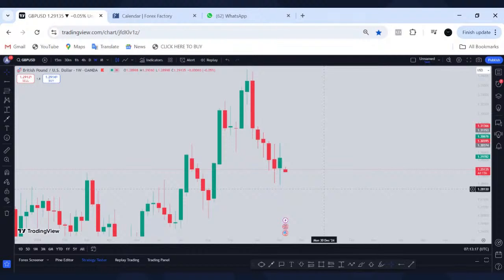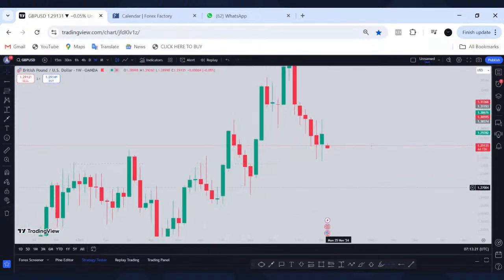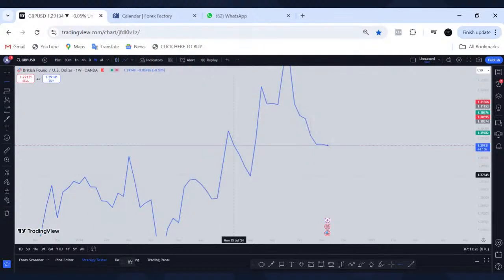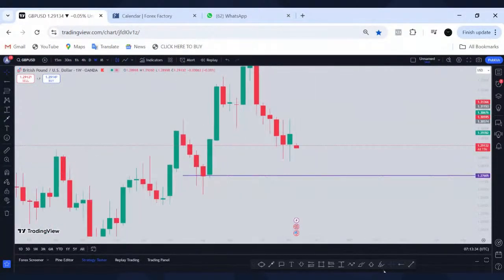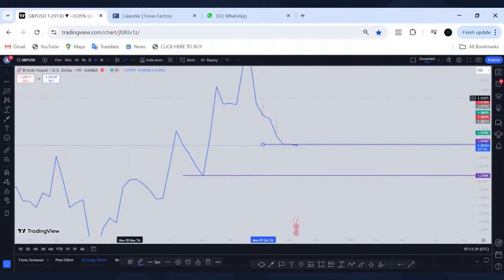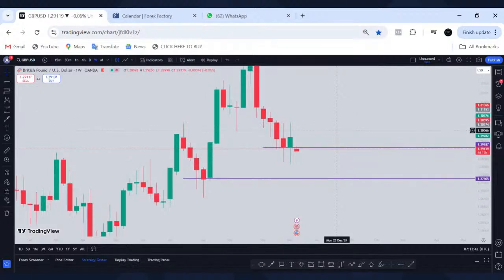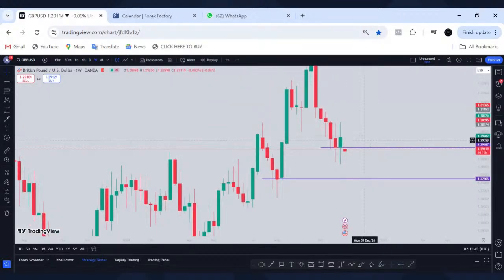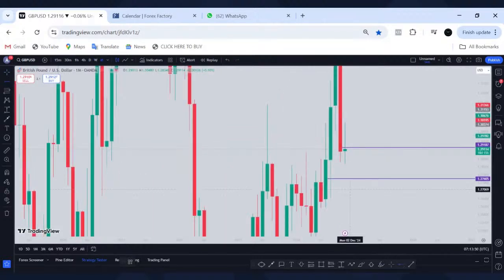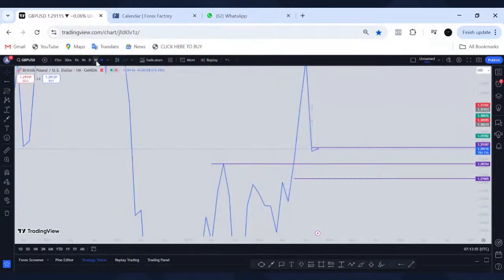Looking at GBP USD on the weekly time frame, we're having a support over here, and another support over here. Currently the weekly time frame is a downtrend.